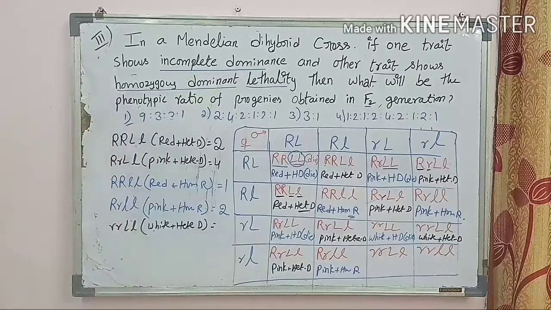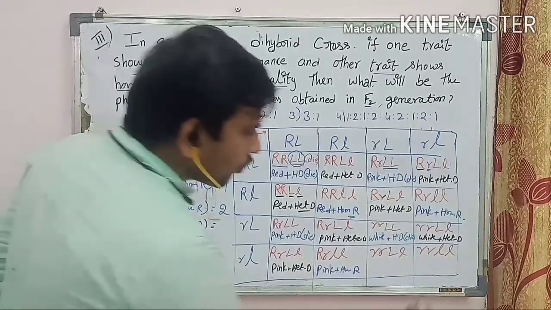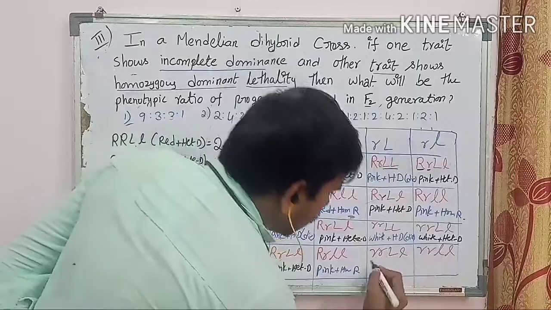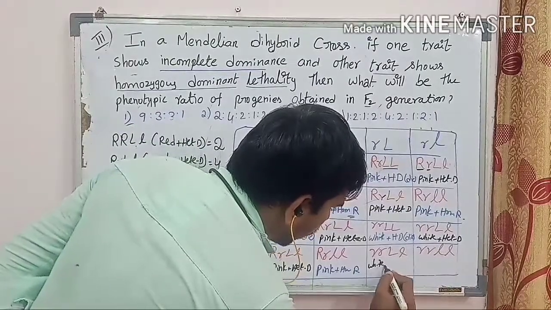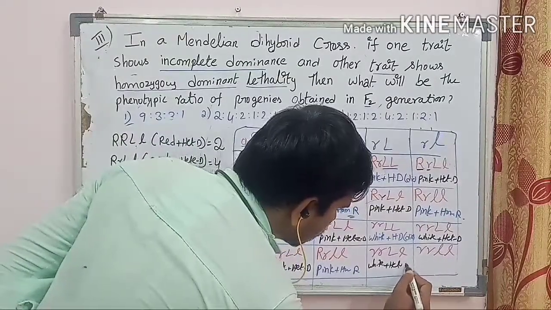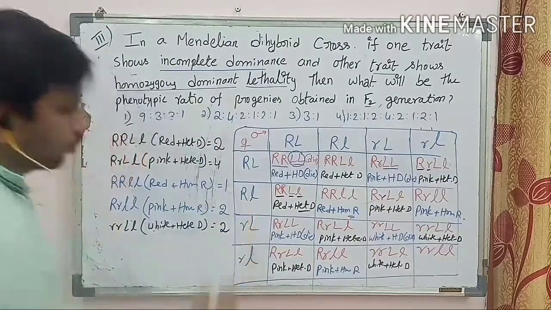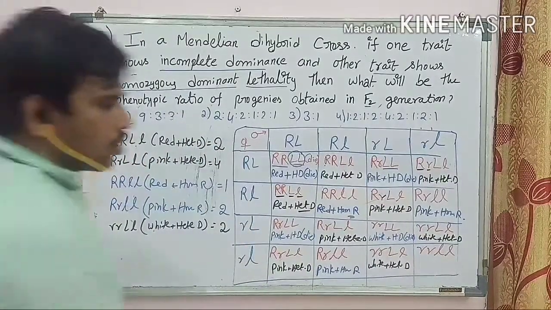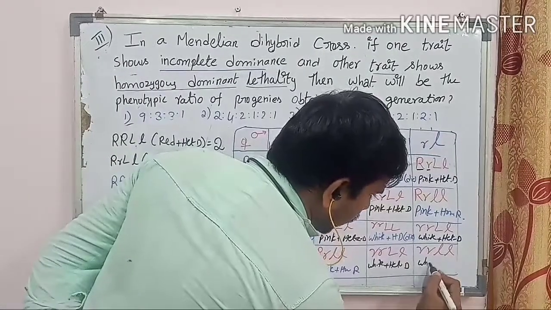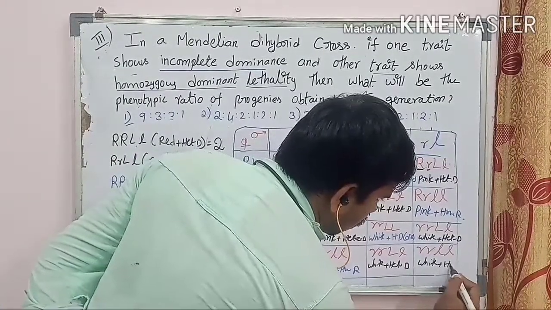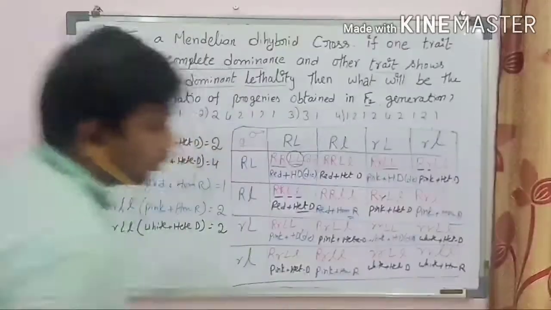Now how many will be there in this phenotype? Let's see, here 1, and this also is the same, white plus heterozygous dominant, total 2.